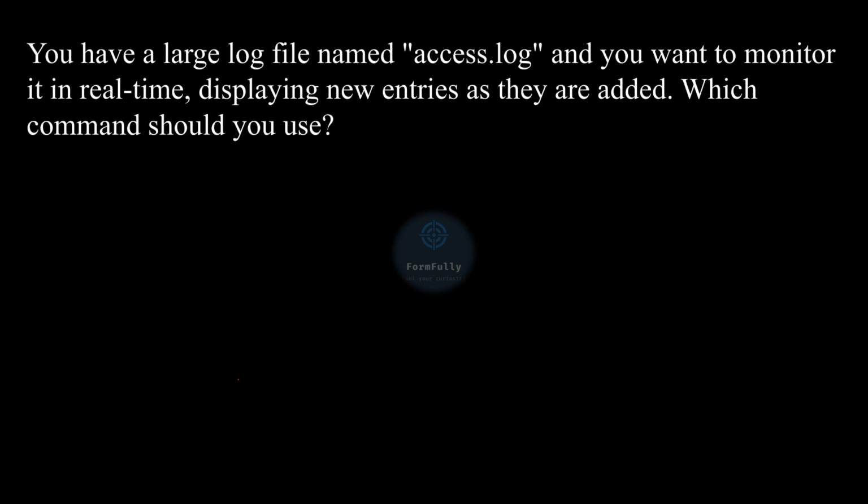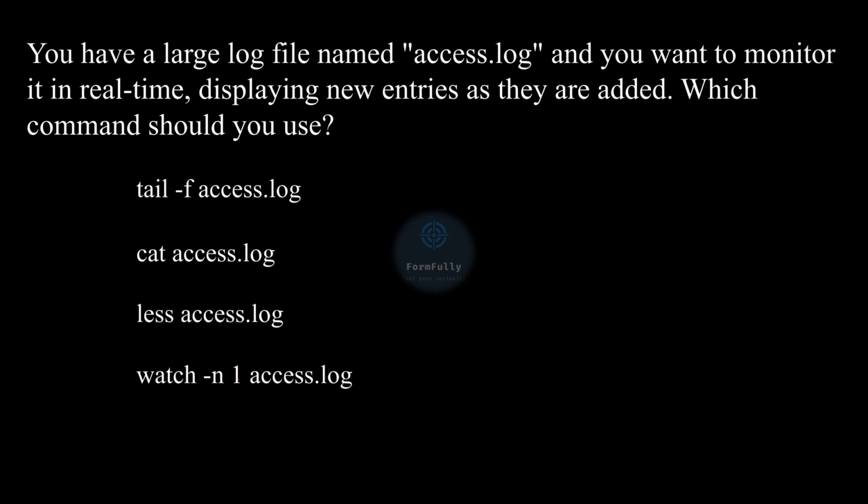Next scenario: you have a large log file named access.log and you want to monitor it in real time, displaying new entries as they are added. Which command should you use? Among the options, the correct option is tail -f access.log.